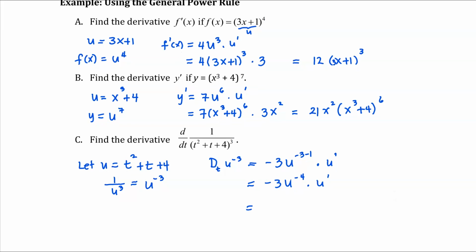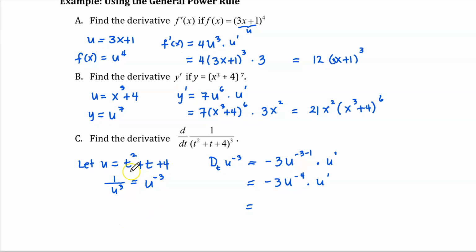Now, our u is equal to t squared plus t plus 4. So therefore, we have negative 3 times t squared plus t plus 4 raised to negative 4, times the derivative of u, so times the derivative of this. So let me just write that down again. Times the derivative of t squared plus t plus 4.